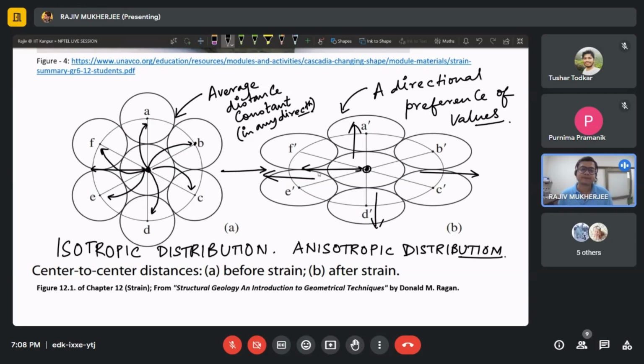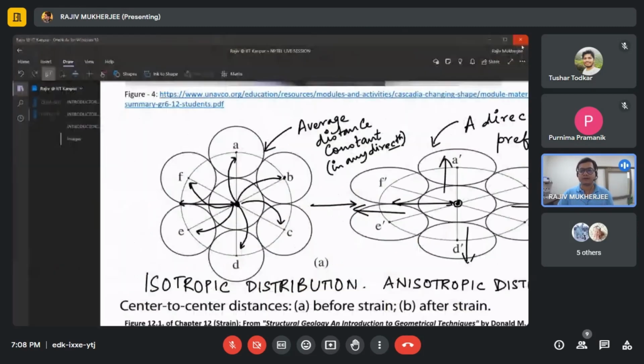So this is essentially a statistical approach. The center to center method specifically talks about an anti-clustering theory of statistically larger amount of data.